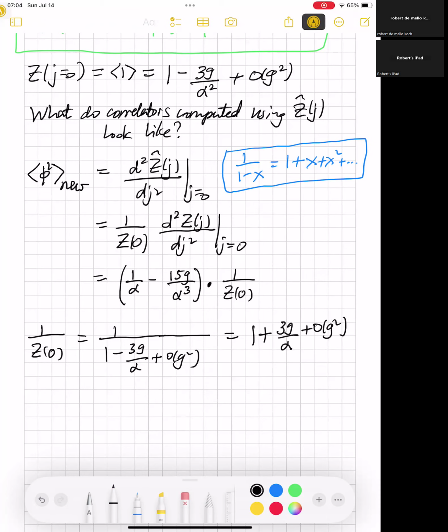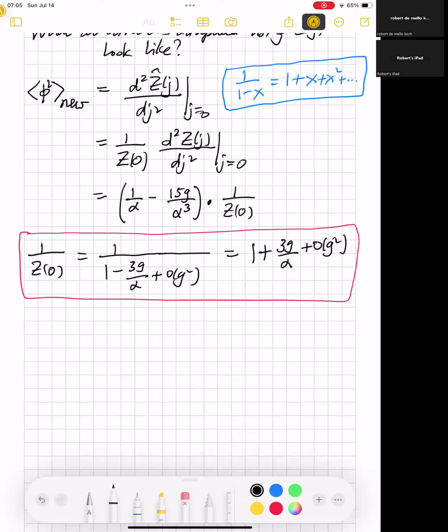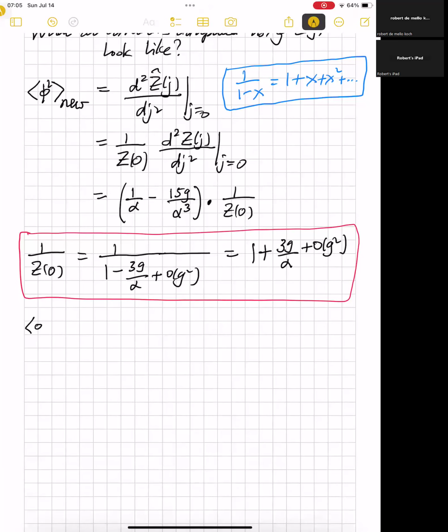So that's what 1 over z of 0 looks like. So let's now use that inside of phi squared. So we will have 1 over alpha minus 15g over alpha cubed, and then multiplied by 1 plus 3g over alpha. And of course, there are terms of order g squared that we're not tracking.